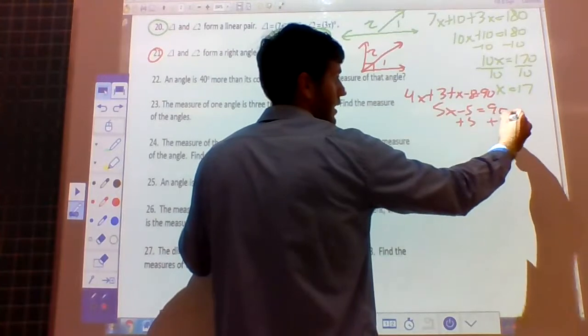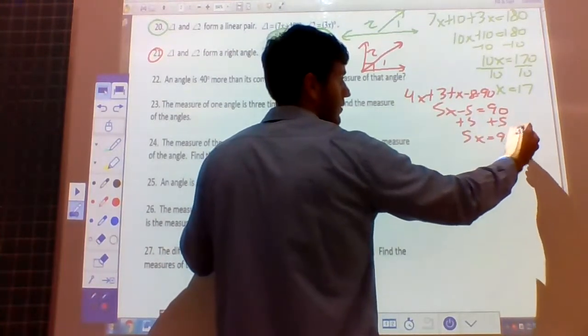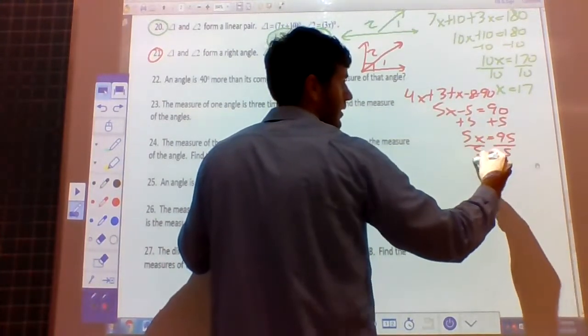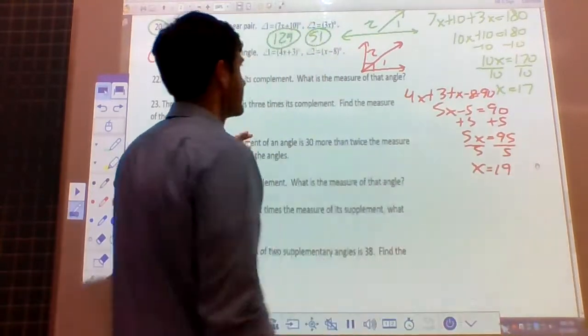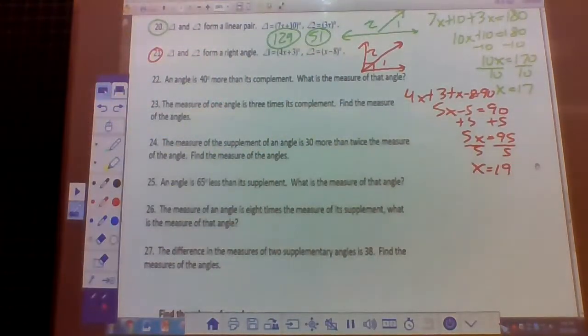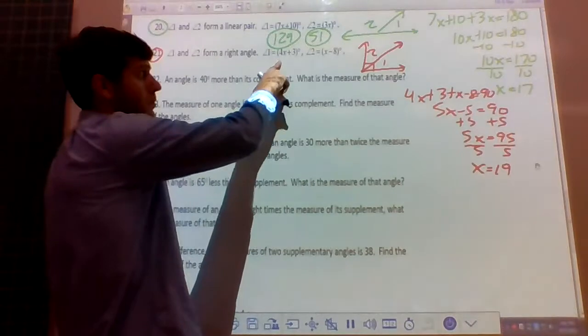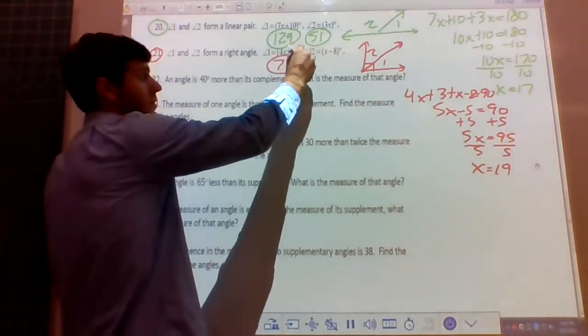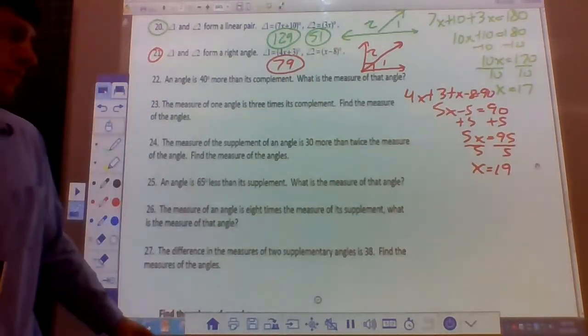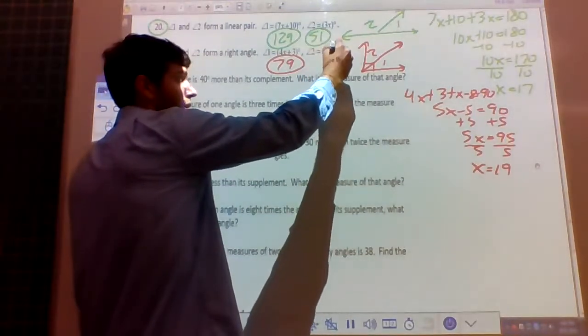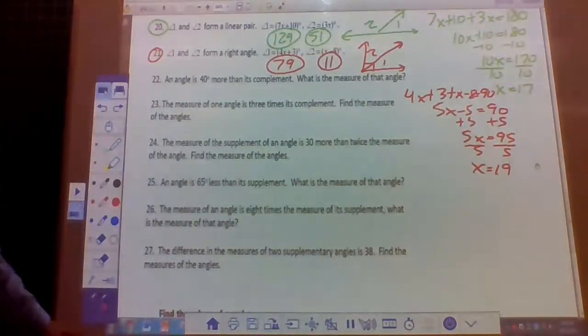Add 5 to both sides, we get 5x equals 95. Then we can divide by 5, we get x equals 19. Substitute it back in. 4 times 19 is 76, plus 3 is 79. And then 19 minus 8 is 11. So those again add up to 90, so we know we have the right answer.